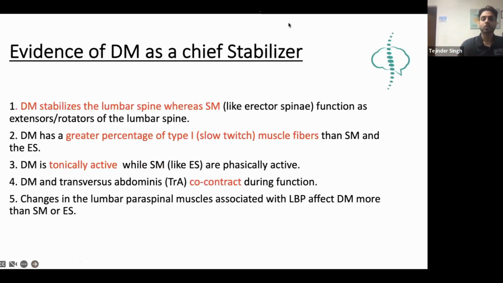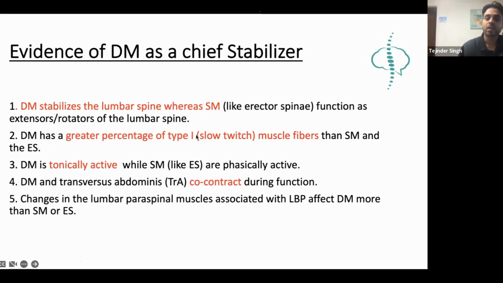So this is the evidence we have for deep fibers of multifidus as a chief stabilizer. Deep fibers of multifidus are primary stabilizers of the lumbar spine. Superficial fibers are extensors and rotators. Some research says that deep fibers also play a key role in rotation, but they're primary stabilizers of the lumbar spine.